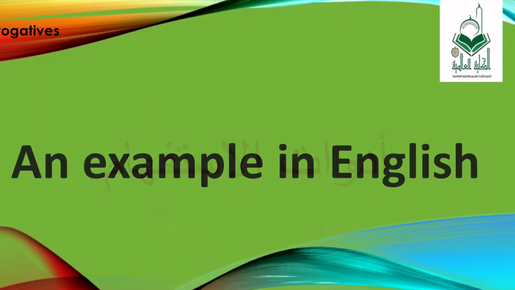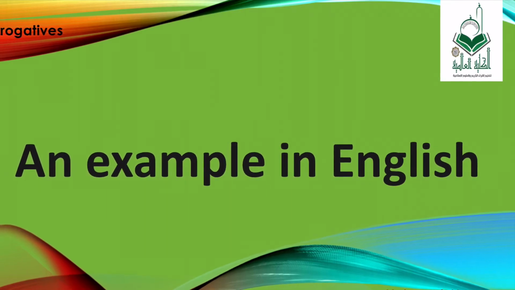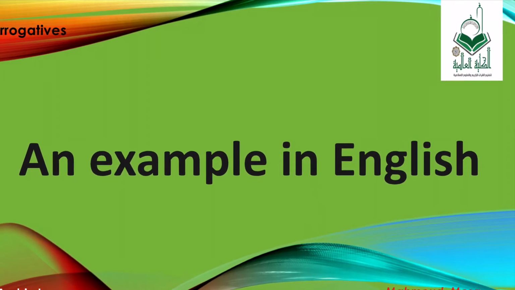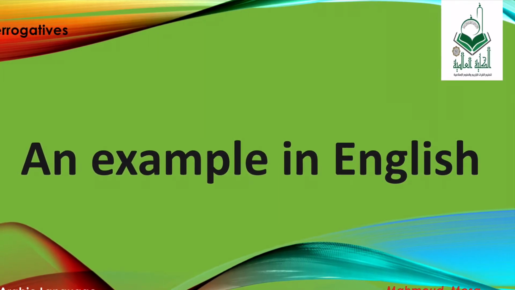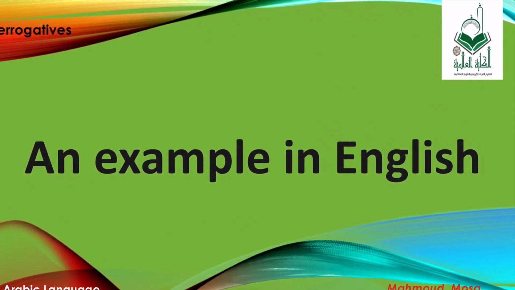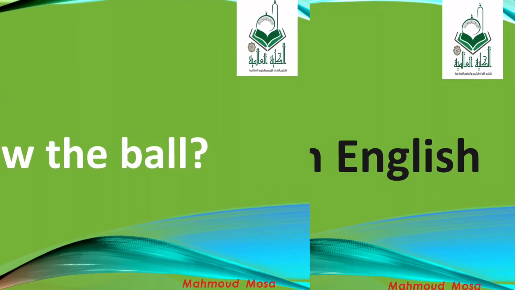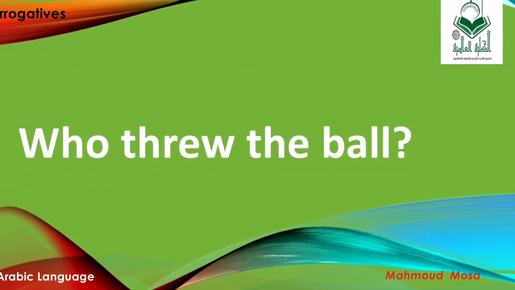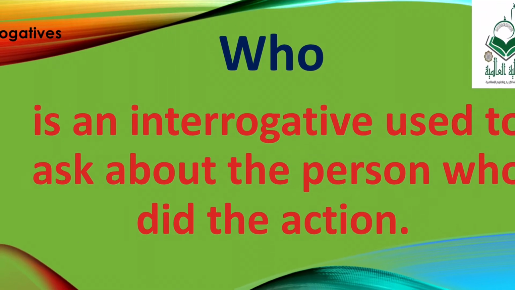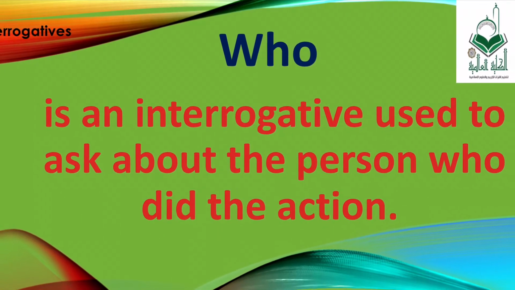Let's have an example in English about interrogatives. Then we move to Arabic. If someone threw the ball and we want to know who did it, we say, who threw the ball? Who is an interrogative used to ask about the person who did the action.